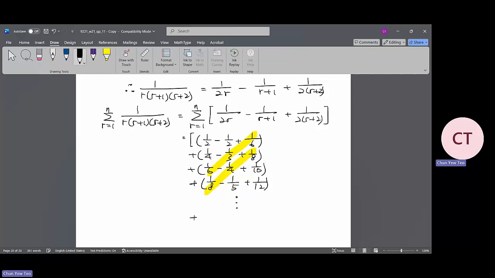So I will write the last term will be 1 over 2n minus 1 over n plus 1 plus 1 over 2 of n plus 2. And this will be 1 over 2n minus 1 over n plus 1 plus... let me try to squeeze in everything here first.